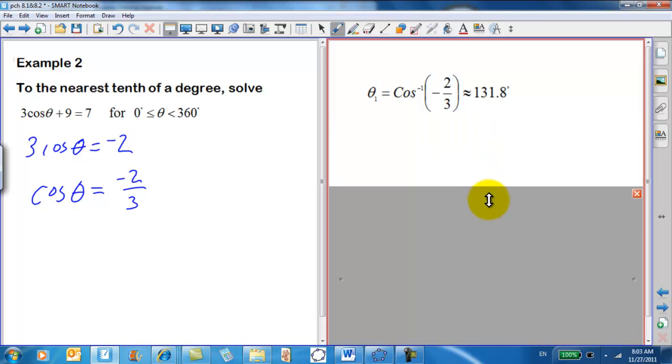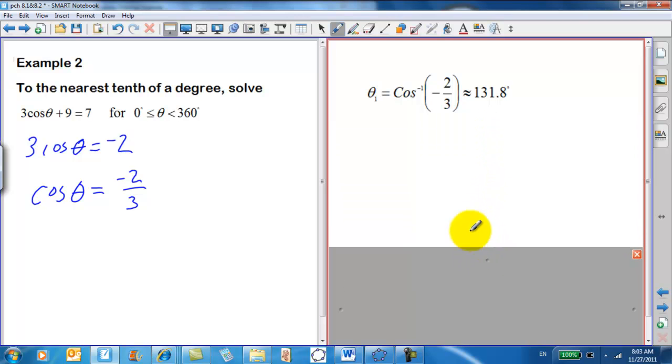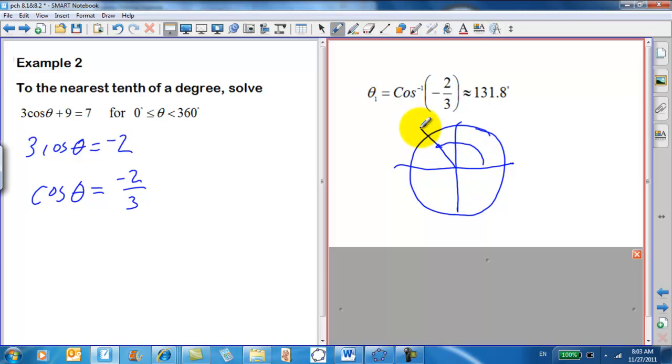Now, to get the other answer, that gets a little trickier, though. We have to look at where this first answer was. And it was a second quadrant angle way over here. So here's theta 1 at 131.8 degrees. To get this second answer now, we're going to have the same x coordinate as this one on the unit circle. So that means we're going to have to be down here.